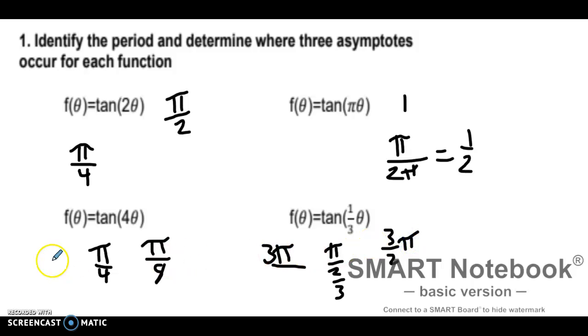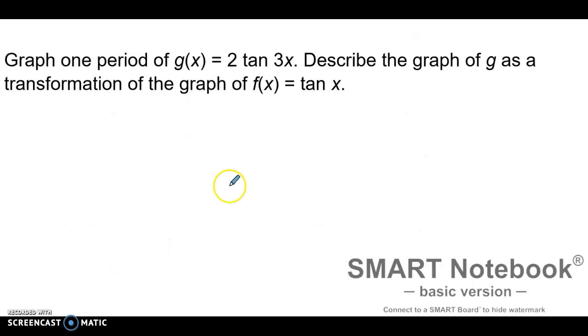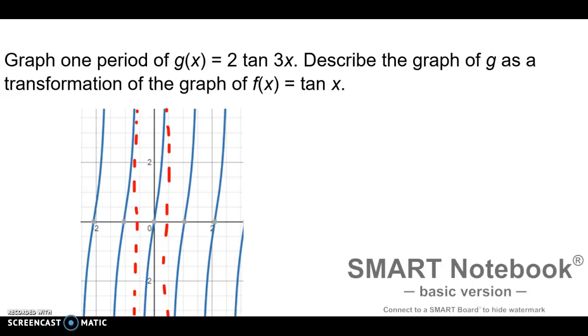Okay, cool thing is you can always use your graphing calculator to graph them. So graph one period of g of x equals 2 tangent of 3x. So take a second and graph it either on your calculator or on Desmos, and it would look like this.